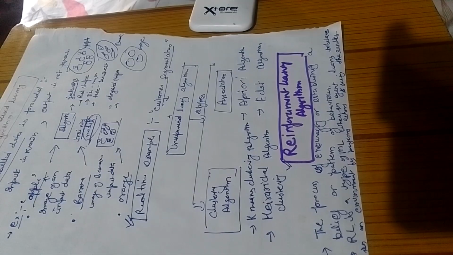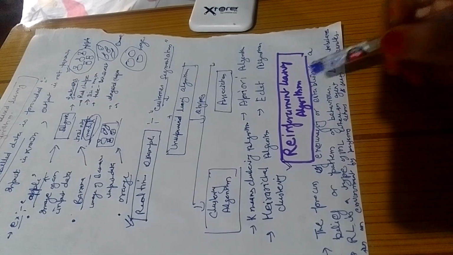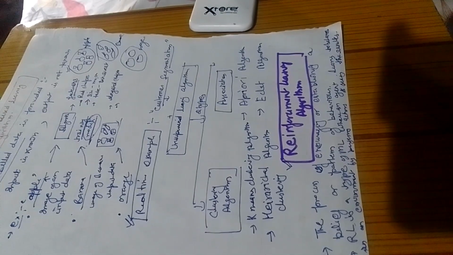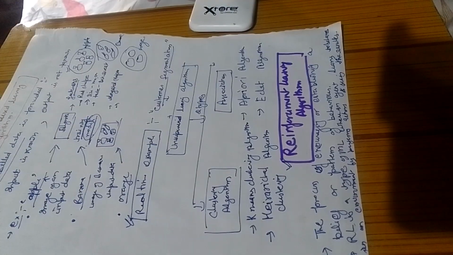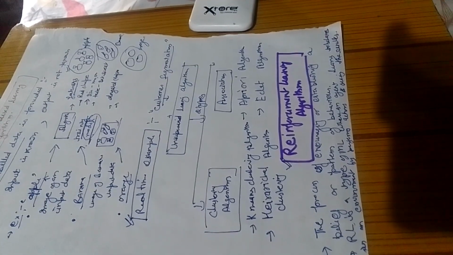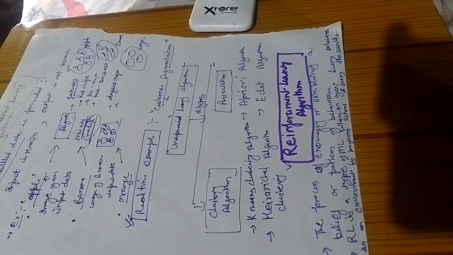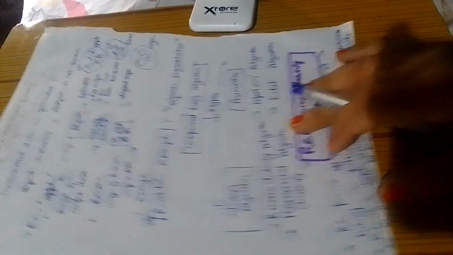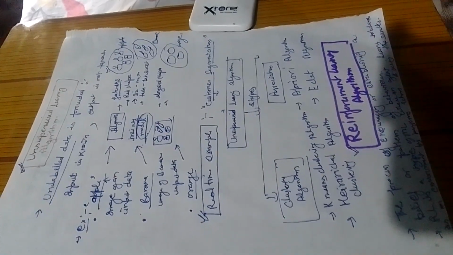So tomorrow we'll learn the reinforcement learning algorithm flowchart, and after that, we will see the life cycle of machine learning, like how we build a machine learning model, the complete life cycle. And for today's video, that's it.